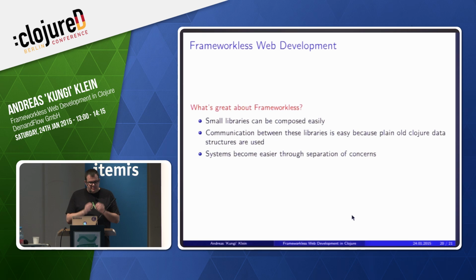So you can just pick and choose the libraries you really need. For example, if you just want to build a web service which just serves some static information, you can just include Ring and nothing else, because you can just give it your handler function and then return the data. You don't need to pull any large framework into your code base.